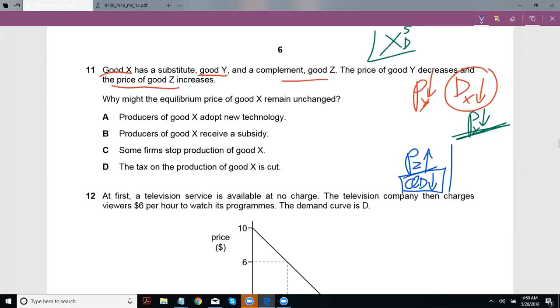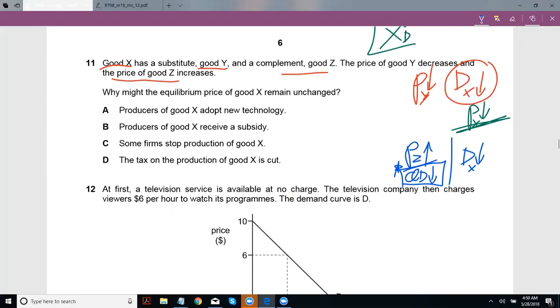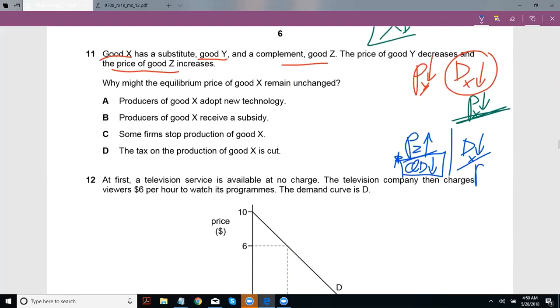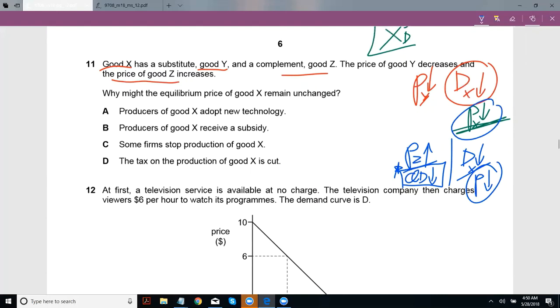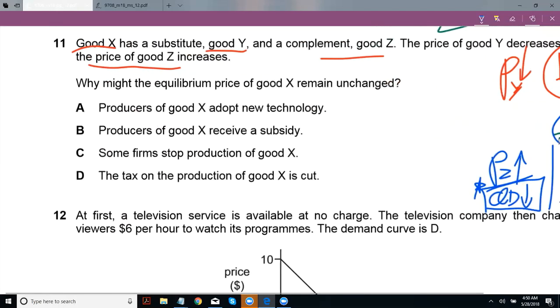But since these are complements, these are jointly demanded goods, if there is less consumption of Z, there would also be less consumption of X. That's something we have studied before, right? And hence the price of X also goes down. So in both cases, the price of X is going down because demand is going down. Again, prices of related goods, substitutes and complements, are factors of demand.